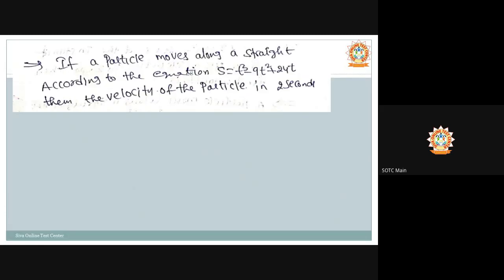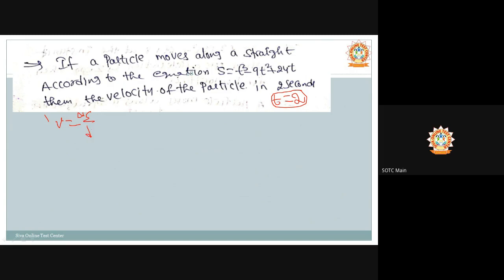See the question: if a particle moves along a straight line according to the equation s is equal to t cube minus 9t square plus 24t, then the velocity of the particle in 2 seconds is, right? You need to find the velocity at t is equal to 2. First calculate v. What is v? That is given by ds by dt.